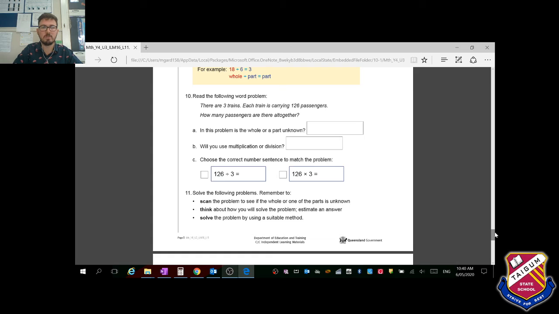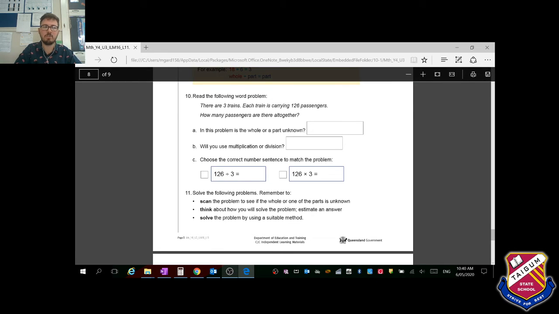Will you use multiplication or division? I gave it away. You're going to use multiplication. Choose the correct number sentence to solve your problem. Is it 126 divided by 3 or is 126 multiplied by 3? Tick the correct one. Yes, it should be 126 times 3 or multiplied by 3.